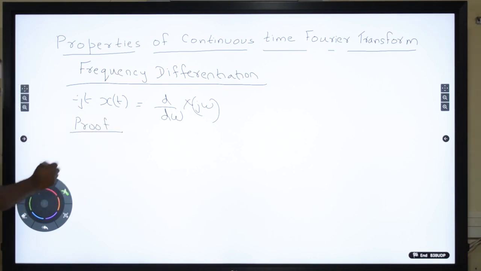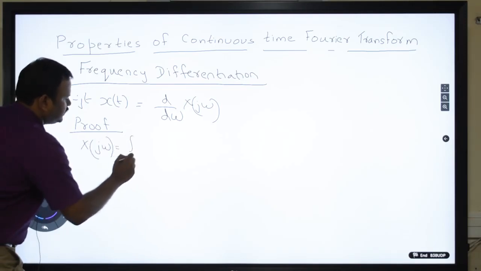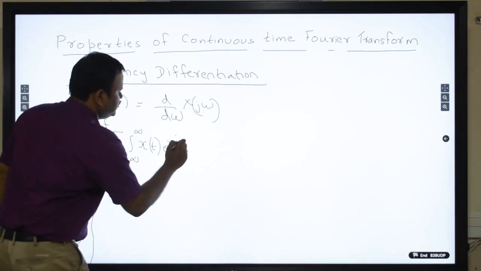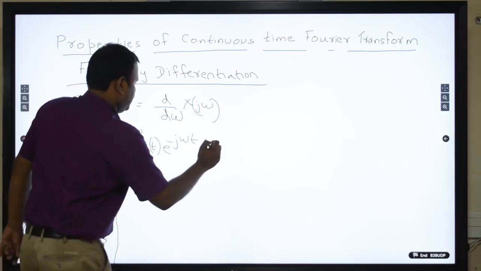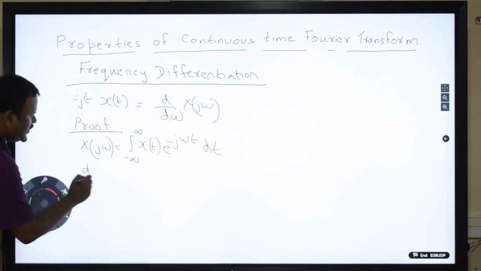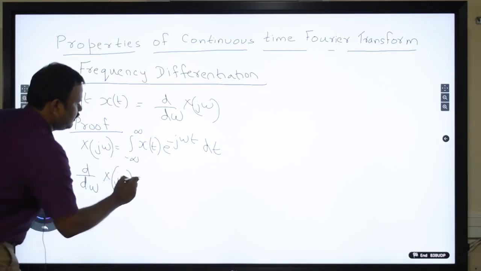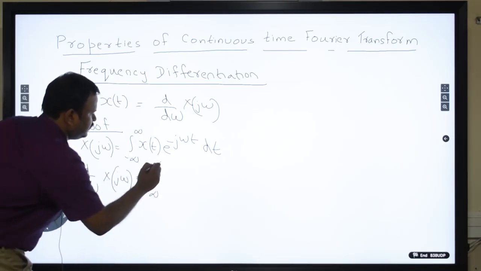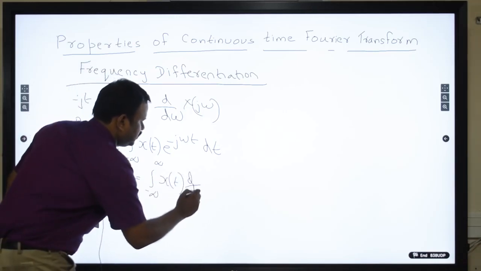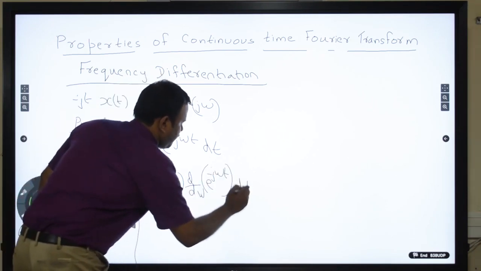Okay. So, the expression for the Fourier transform X of j omega equals the integral from minus infinity to plus infinity of x of t e raised to minus j omega t dt. Okay. So, differentiating with respect to frequency, d by d omega of X of j omega equals the integral from minus infinity to plus infinity of x of t, differentiated with respect to frequency for the term e power minus j omega t dt.